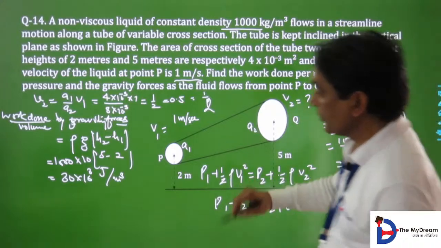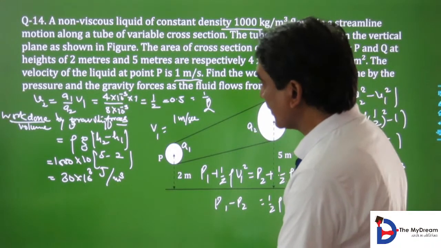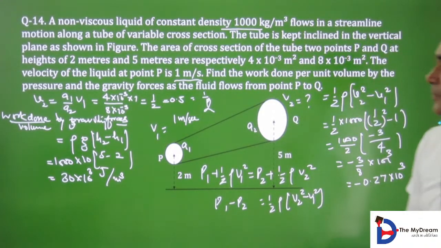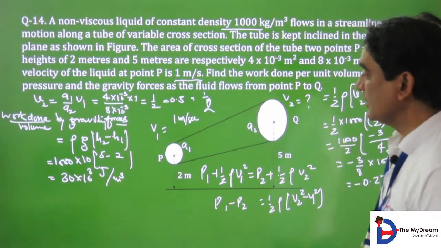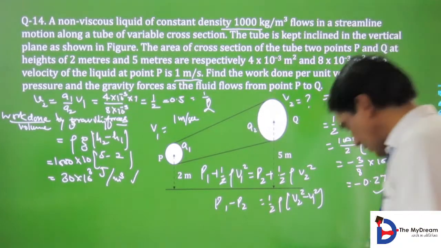And if you want to know the net work done per unit volume by this and that, then this one is positive and this one is negative. So you can subtract it.